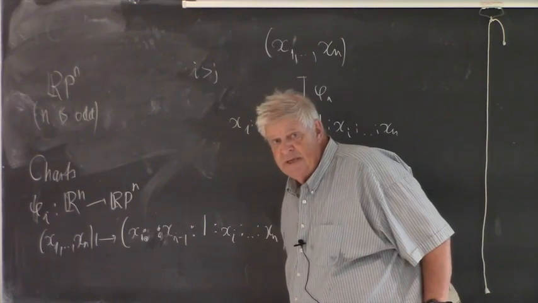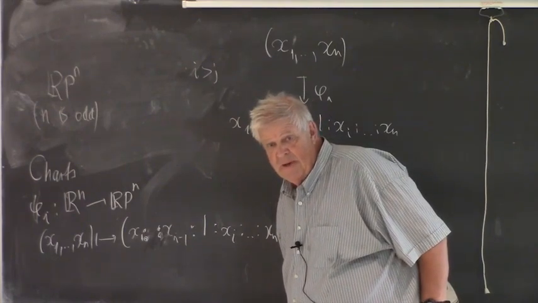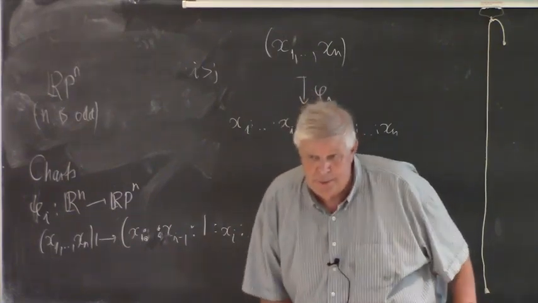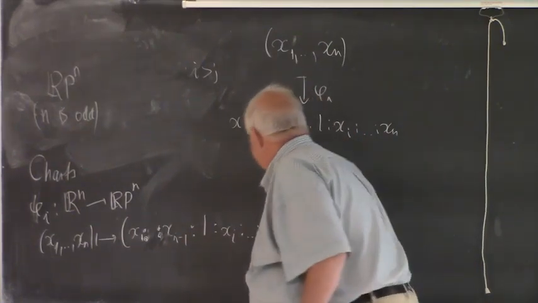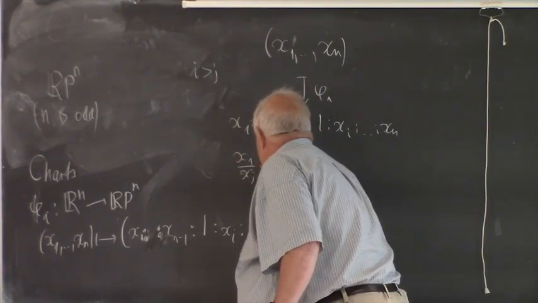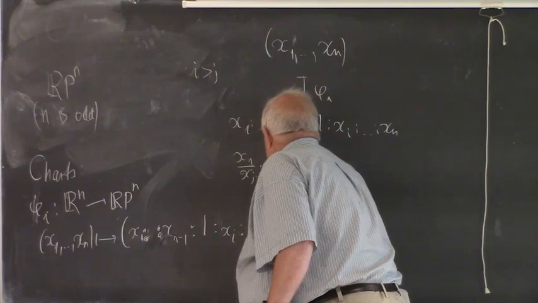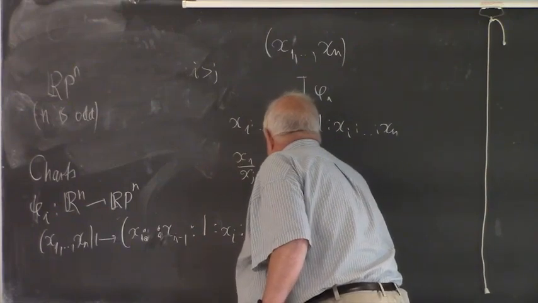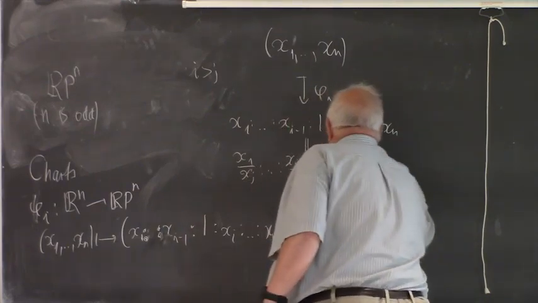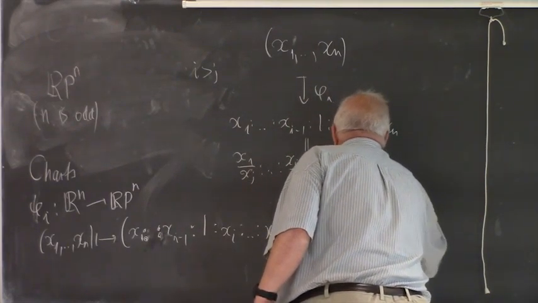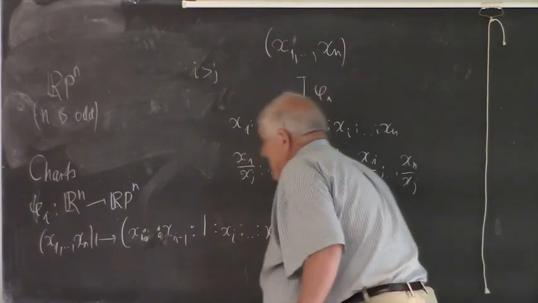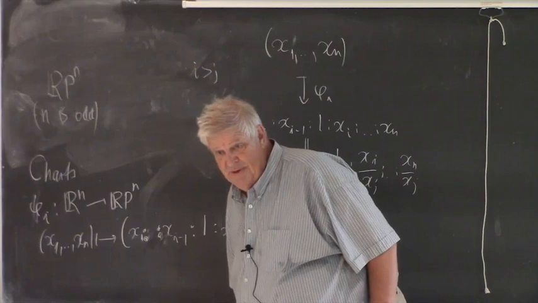Then I want to apply phi_j inverse, but it will be convenient if j is 1. So this is equal to (x1/xj, ..., x_{i-1}/xj, 1/xj, x_i/xj, ..., xn/xj). Certainly this is defined if xj is not equal to 0.